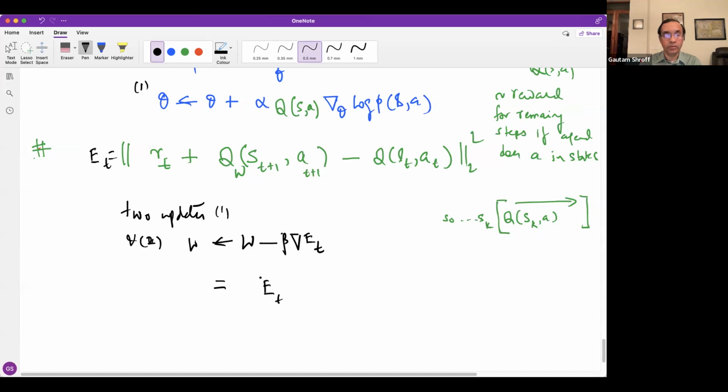So this will have a minus sign. So it'll be w plus E_t times gradient of Q. There'll be a 2 also, right? Somewhere, but that 2 will sort of go away in a minute. That 2 is absorbed in the beta in some sense.